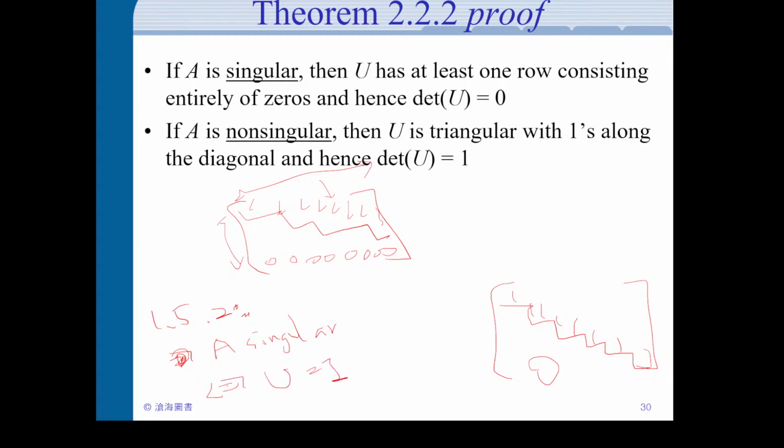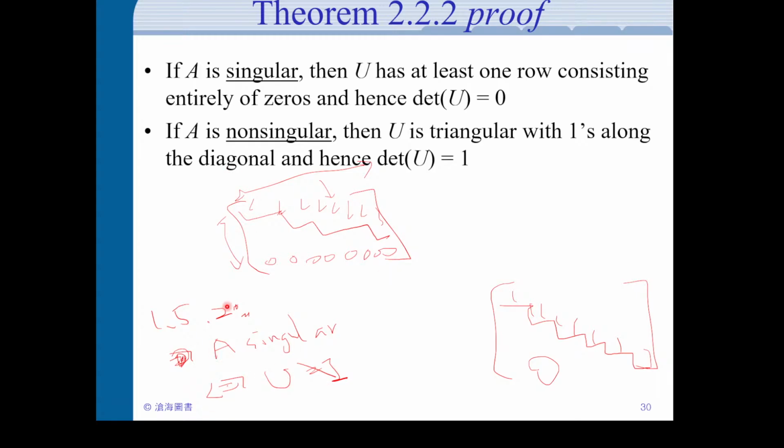Okay, and then the easy one is A singular, U not equal to identity. Sorry, there is a negation here. If A is non-singular, then U equals identity, and then we can just calculate the determinant of U equal to 1, not equal to 0. And if A is singular, then U is not equal to identity.